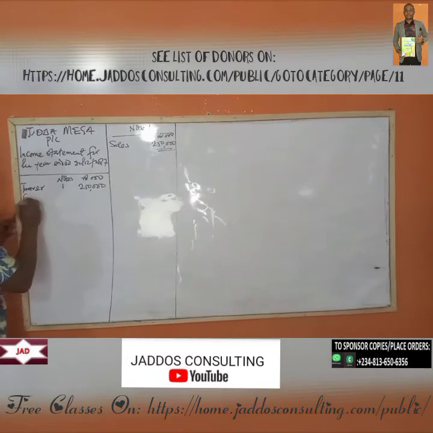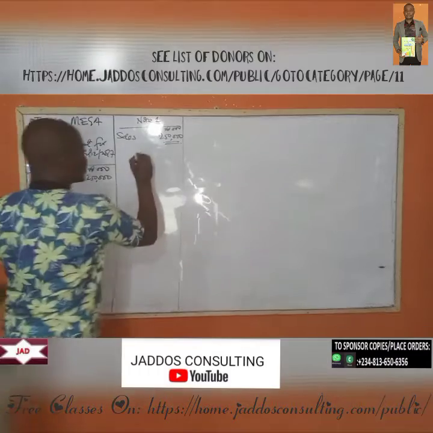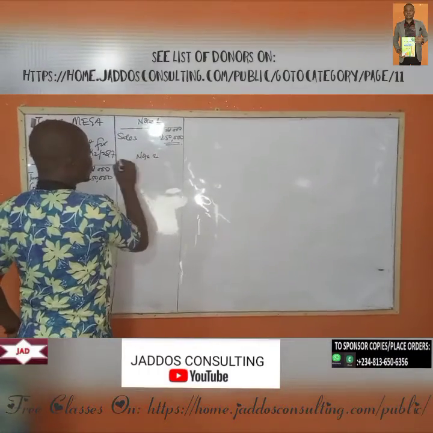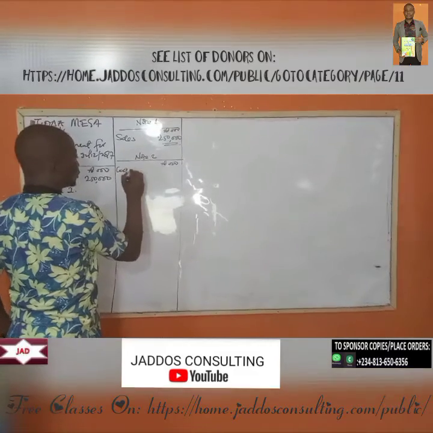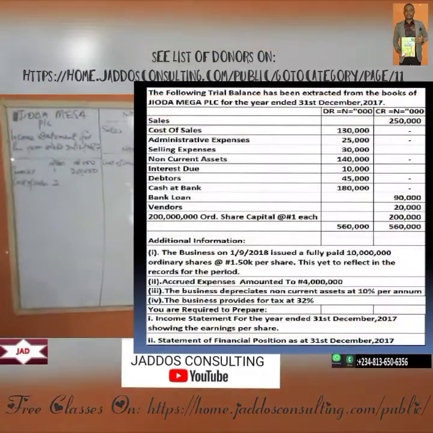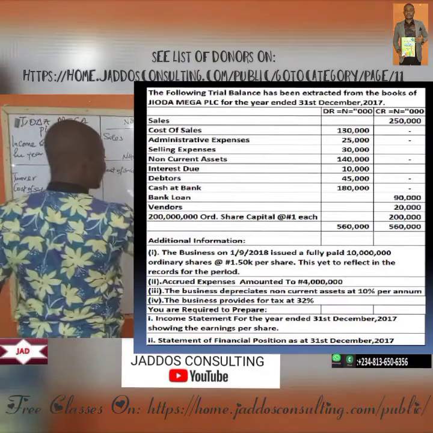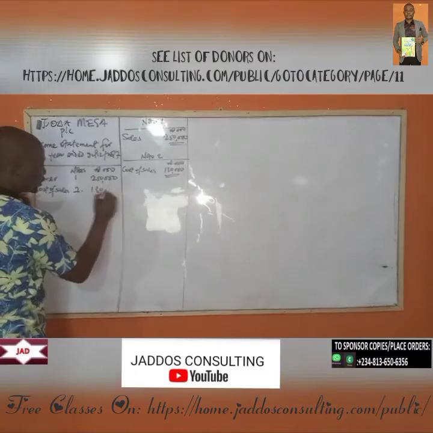We say cost of sales, that's note 2. So let's call that note 2. So we have cost of sales. What do we have there? 130 million, that's 130,000. So we have 130,000.